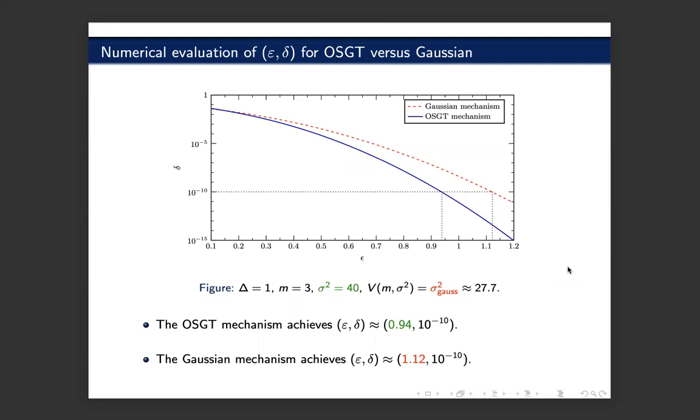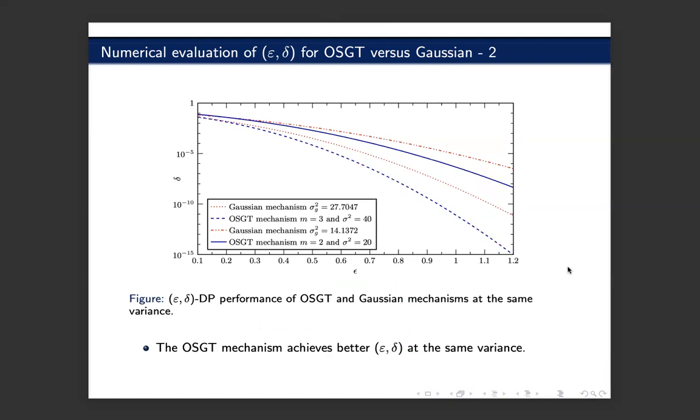But essentially, we are adding less noise to the true query. So at the same delta, you can achieve less epsilon, and the delta is really small. We pick this value to be relevant to the US Census Bureau values, which had delta 10 to the minus 10. So you can have a better privacy measured by epsilon, as is normally done.